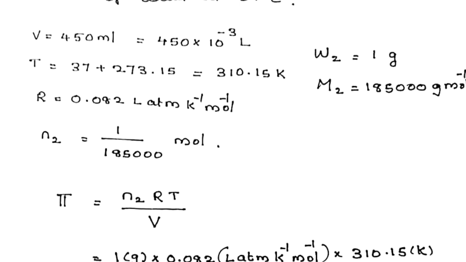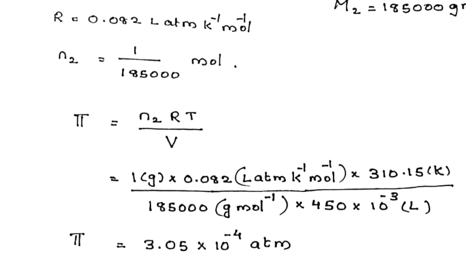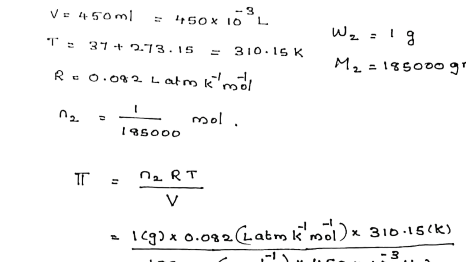And you want to find out pi. Pi is equal to N2 RT by V, as we all know. T is given directly, V is also given, and R is equal to 0.082 liter atmosphere per Kelvin per mole, that is the gas constant value.